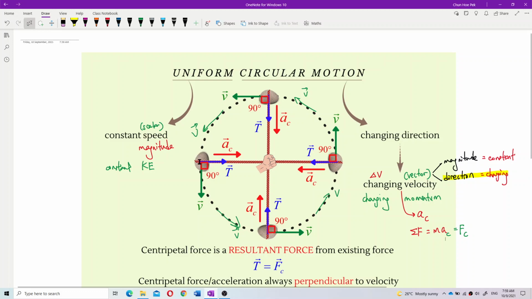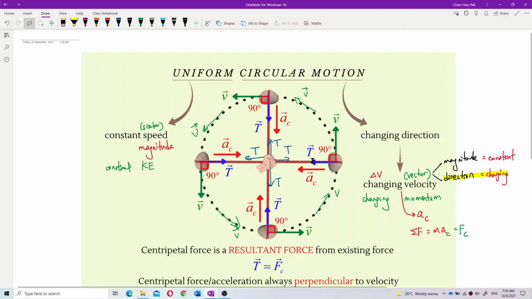When the stone moves to this position, the tension is to the right, because you are still holding on to the stone. When you're holding on to the rope, you feel tension in the string. The other way around, you also feel a tension pulling on you. This is what we call action-reaction force.